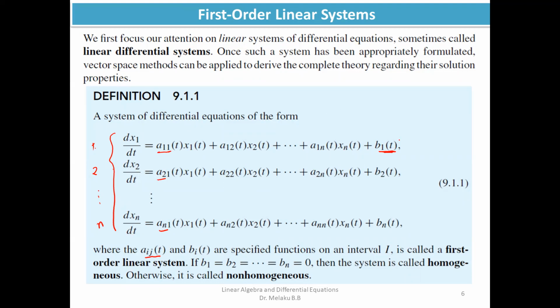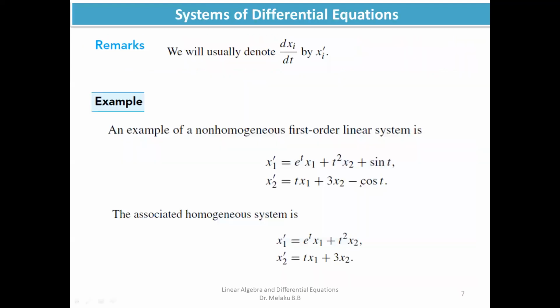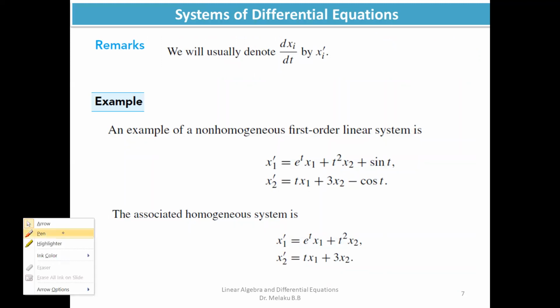Sometimes b1(t), b2(t), or in general bi(t), could all be zero, like the homogeneous system, if you remember. In this case we have the homogeneous linear differential equations. They are analogous to what we discussed in the last classes.